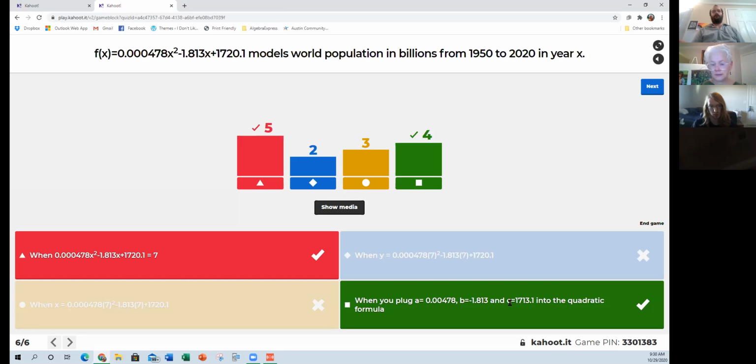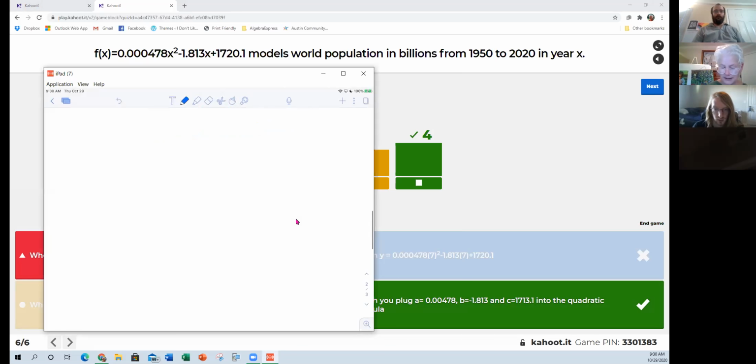Okay, so to go over just really quickly what we've been talking about here, when we're talking about a discriminant, the discriminant is just the b squared minus 4ac.